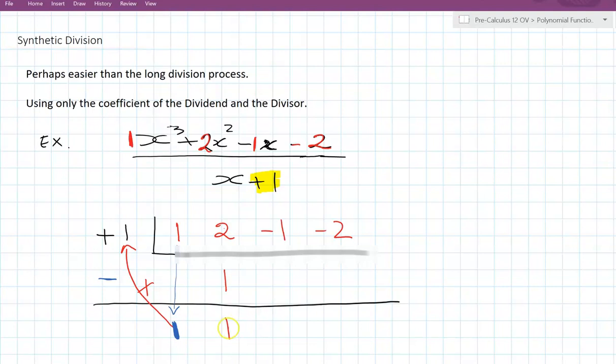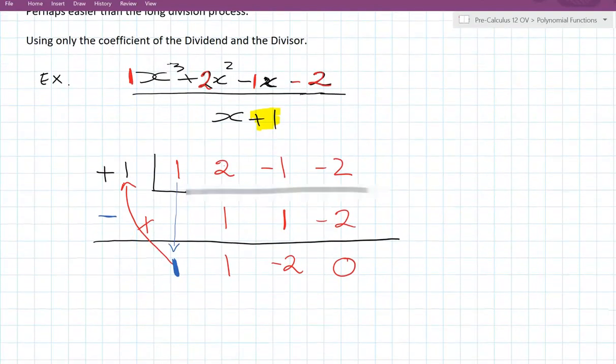You're going to multiply 1 by plus 1, which is the divisor, and we get 1 again. But this time you're subtracting, so negative 1 minus 1 will give us negative 2. We do that again. Negative 2 times 1 is negative 2, and then we're subtracting again. Negative 2 minus negative 2 will give us 0.